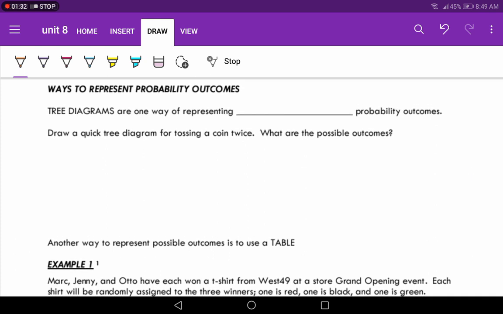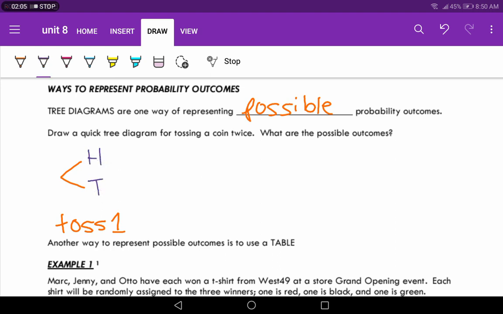So, ways to represent probability outcomes. Tree diagrams are one way of representing possible probability outcomes. We saw that in the last lesson, right? It's asking us to draw a quick tree diagram for tossing a coin twice and list the possible outcomes. On our first toss, we can either get heads or tails.